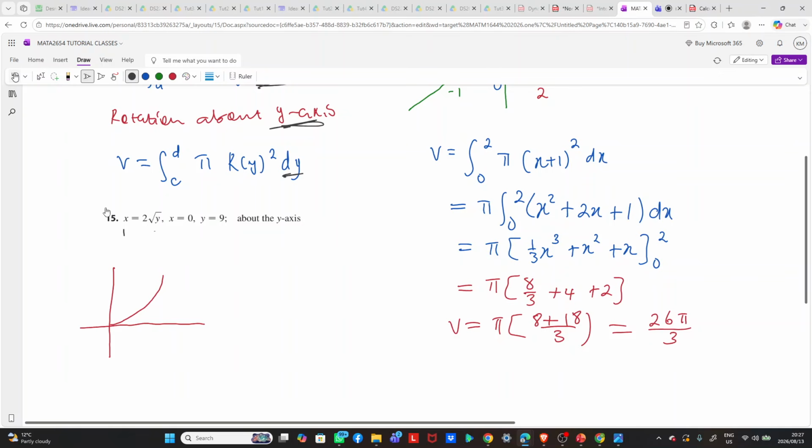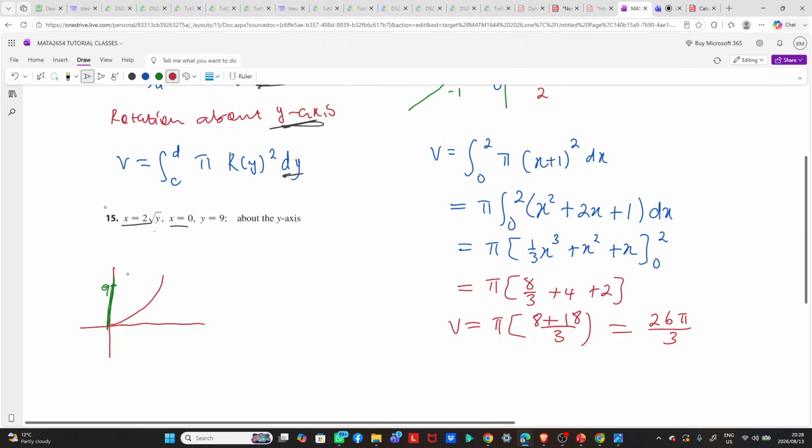So then now, that is what we have for this one. Now let's go ahead and draw where x equals 0, on this axis here. And y equals 9. Say maybe 9 is somewhere there. This is where we have 9, somewhere here.